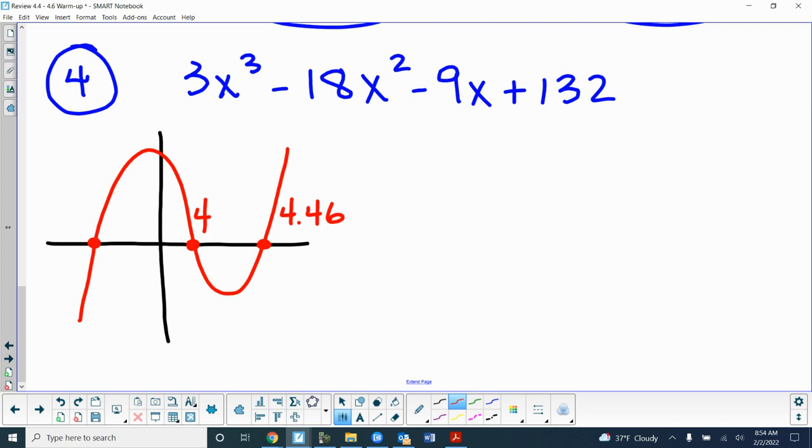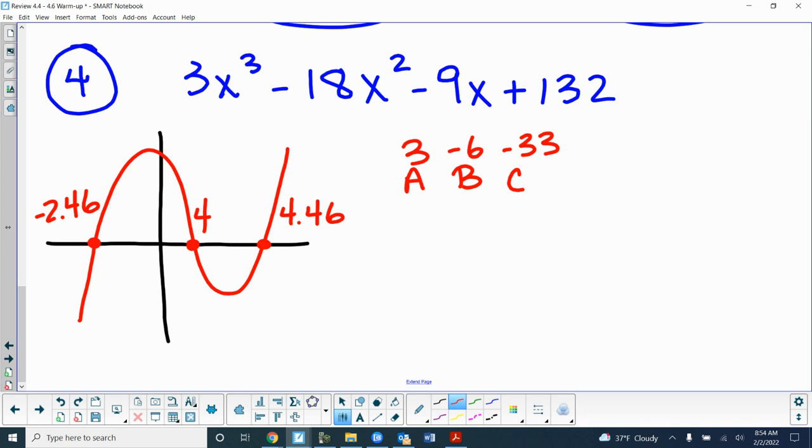And this one is negative 2.46, or if you rounded it up, that's okay. But the calculator can find all 3 of them for you. If you found the 4 and then used synthetic division to find the other 2, the ABC, when you did it, your A was 3, your B was negative 6, and your C was negative 33.